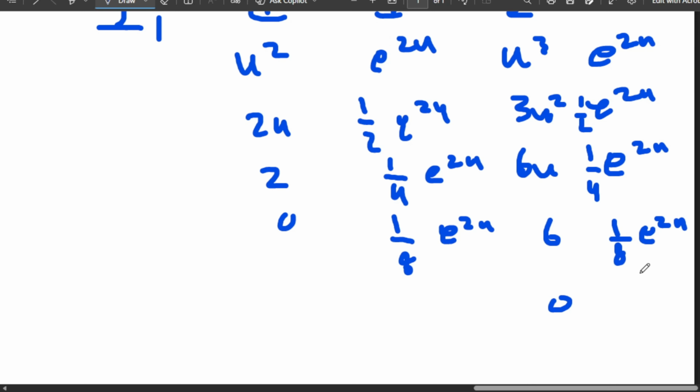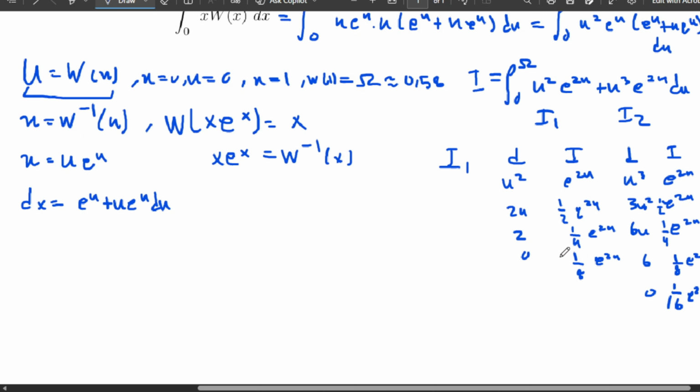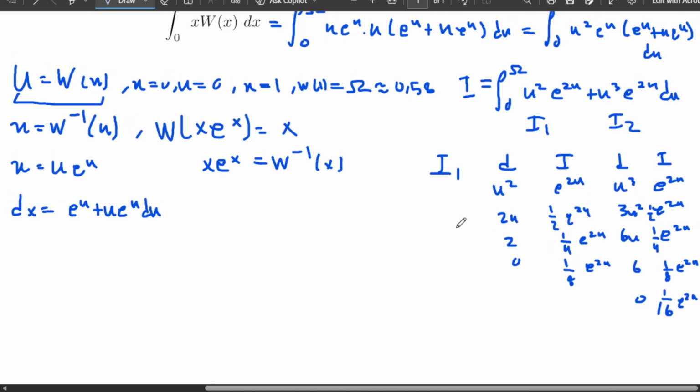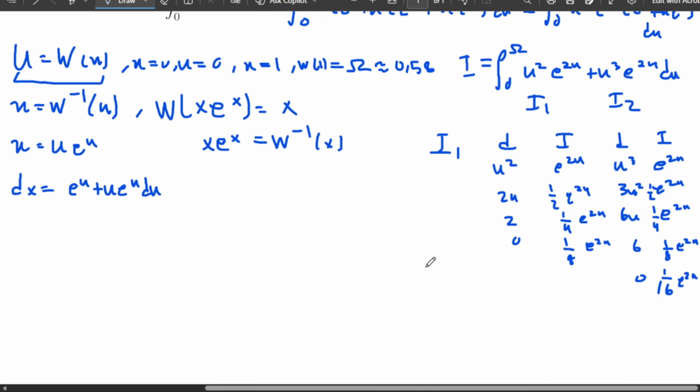This will be 1 over 16 e^(2u). Okay, now we evaluate and we add them all.